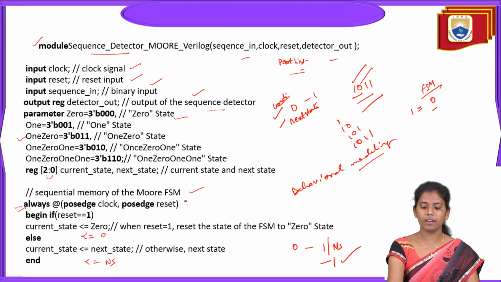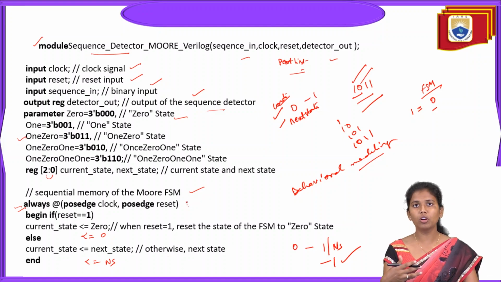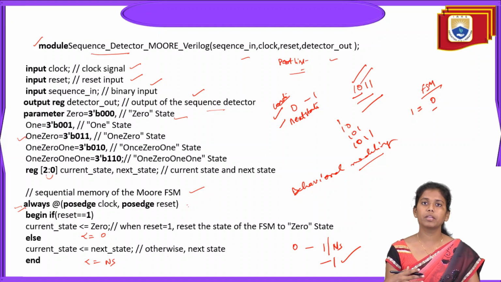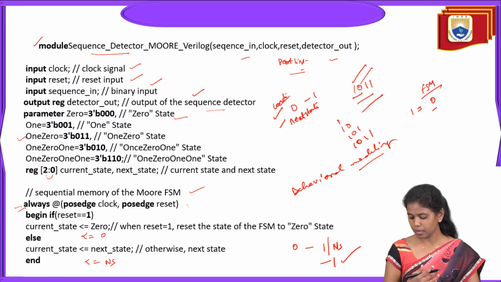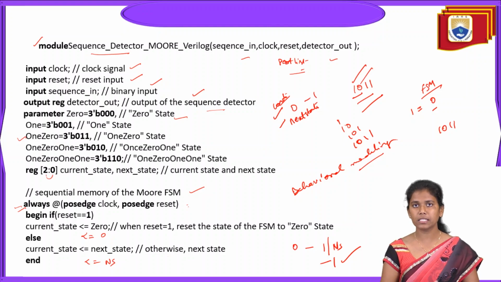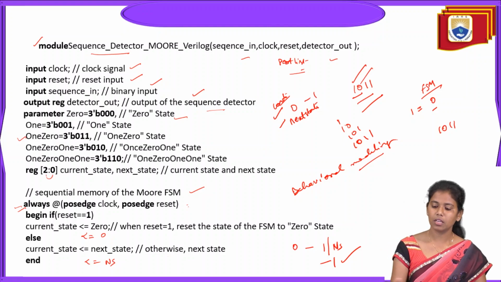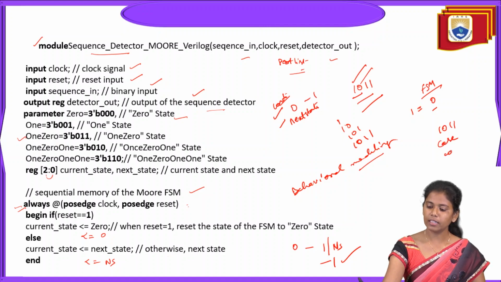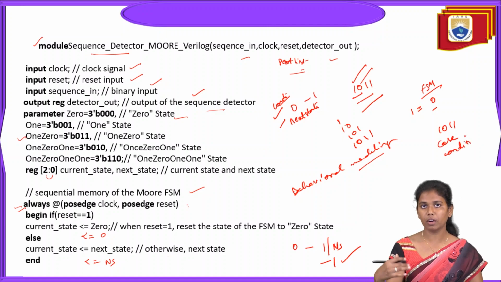After the sensitivity list, we move on to the statements. In the statements, we have to be very particular in what way we are going to achieve this 1011 detector. We are going to achieve it by using the case statements and conditional statements.